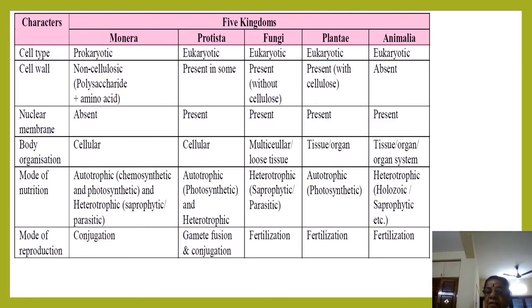As a result of conjugation, the resultant is called zygospore. We don't say zygote, we say zygospore. Similarly in Protista it is zygospore, and in kingdom Fungi also we say zygospore. Only in kingdom Plantae and Animalia do we say zygote, a well-formed zygote will form. Whereas in Plantae, in the lowermost algae and bryophytes, they are called zygospore.